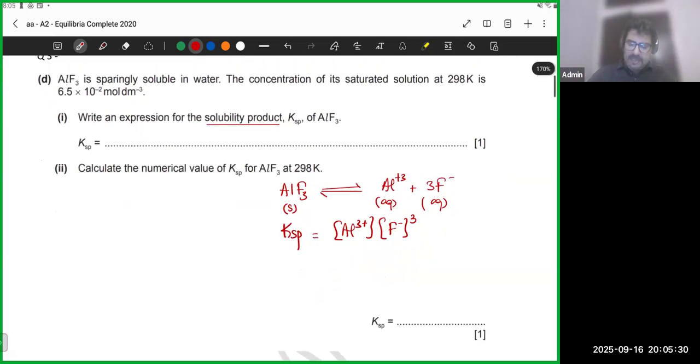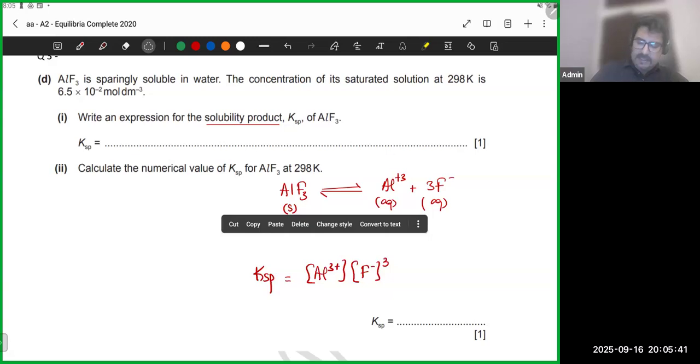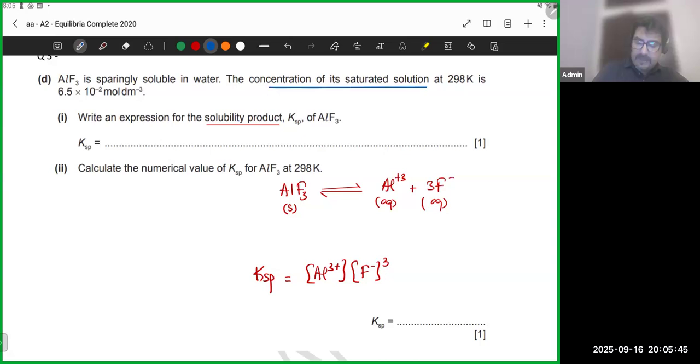Then he's asking, calculate the numerical value for Ksp. So you have to plug in values and find what Ksp is. What they've given us is the solubility, the concentration of its saturated solution, that's 6.5 times 10 to the power minus 2. I'm going to take this as x just to simplify my math.